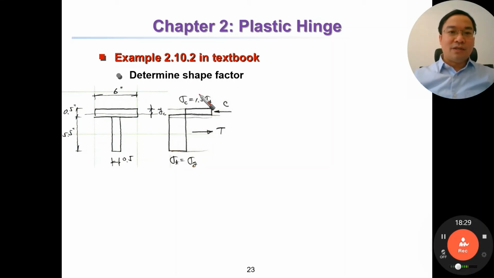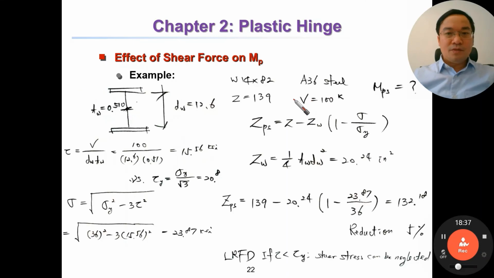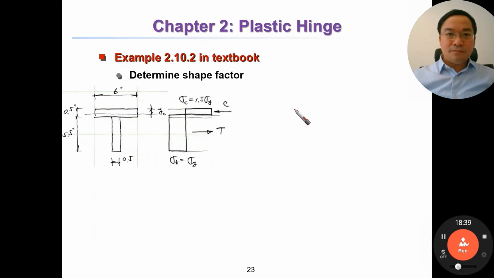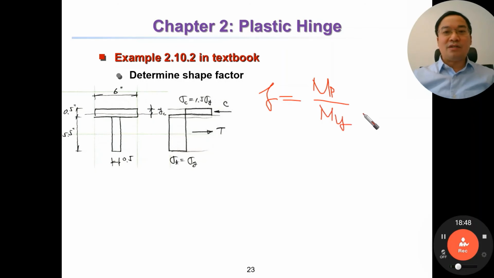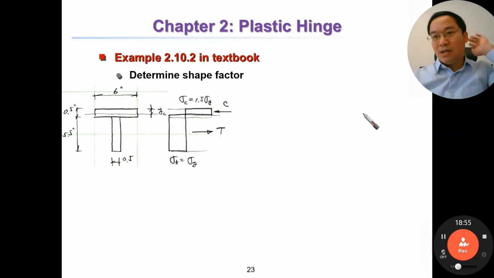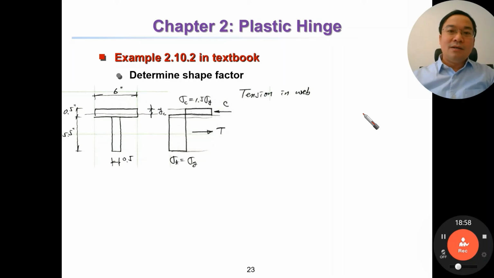So we have to calculate shape factor. Shape factor means F equal to Mp over My. It is a shape factor. Okay? And we have to calculate Mp and My. So how to calculate Mp? The tension is in web.